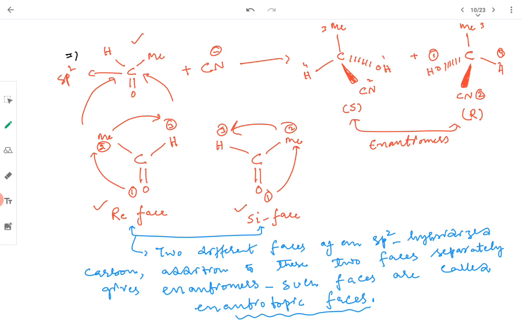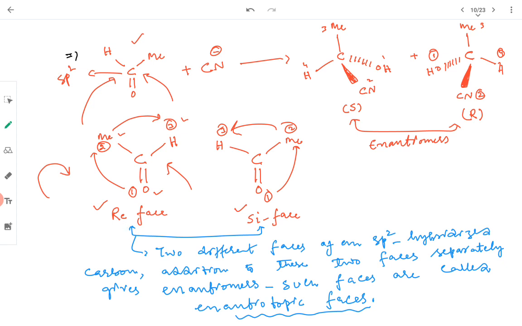Re phase means if the orientation is this one, the numbering system gives number 1 to oxygen, number 2 to methyl, number 3 to hydrogen. And if you draw an arrow from oxygen to methyl to hydrogen, you are going clockwise.